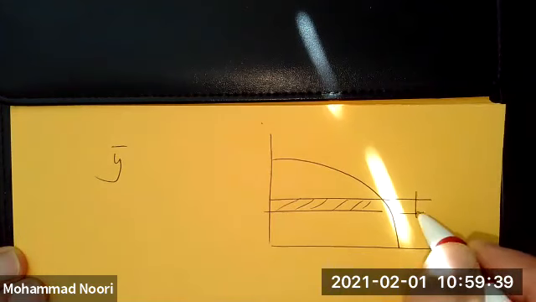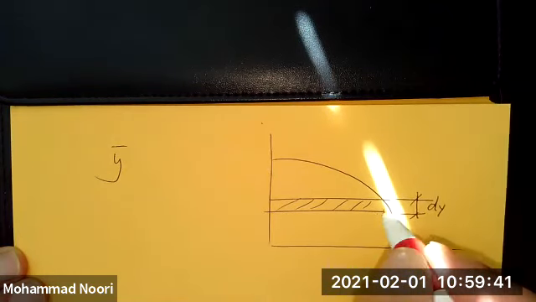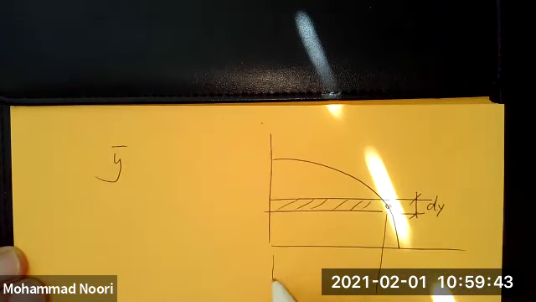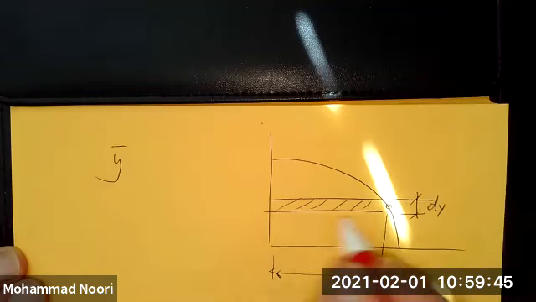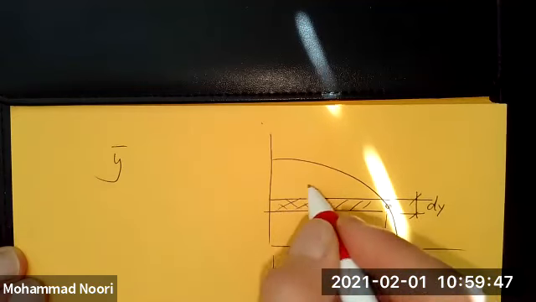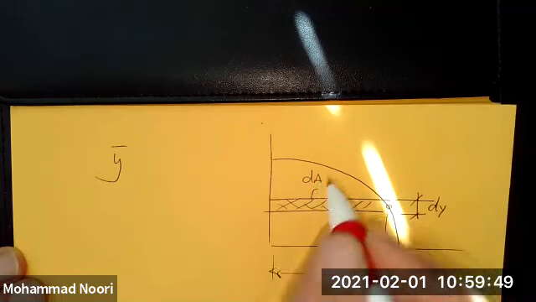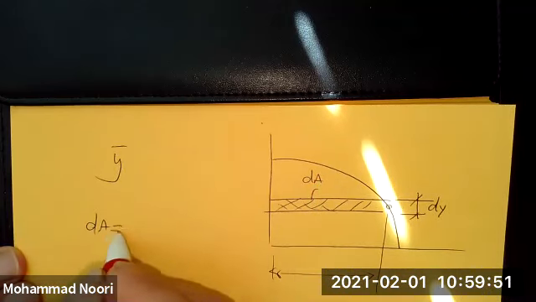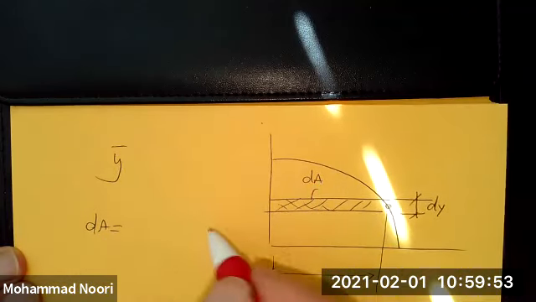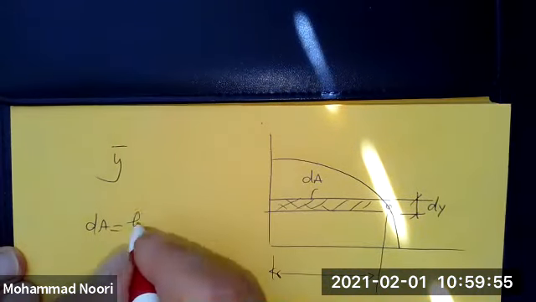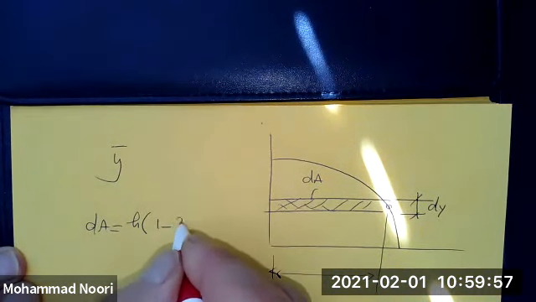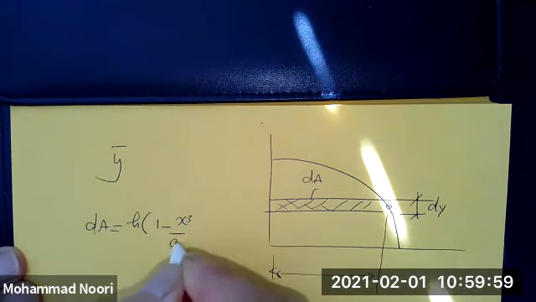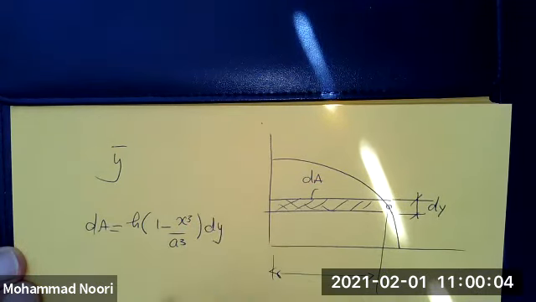This is dy, and this is the width of this rectangle. So dA would be that function, h times 1 minus x cubed over a cubed times dy.